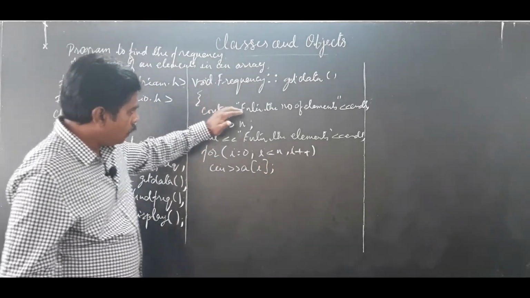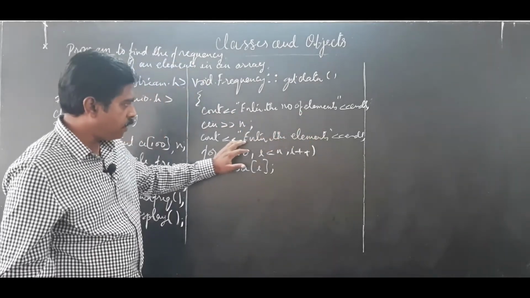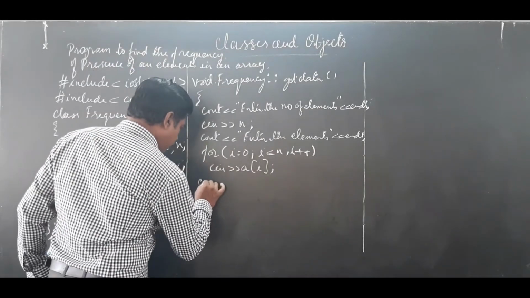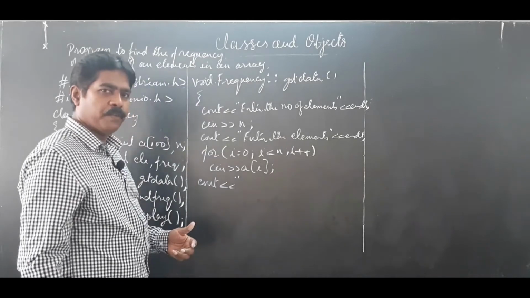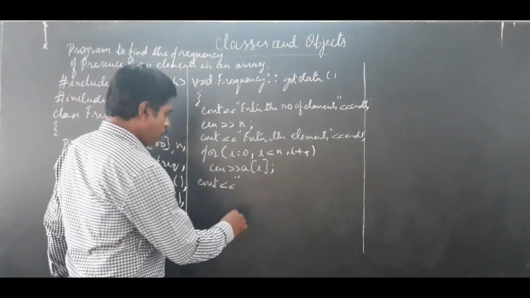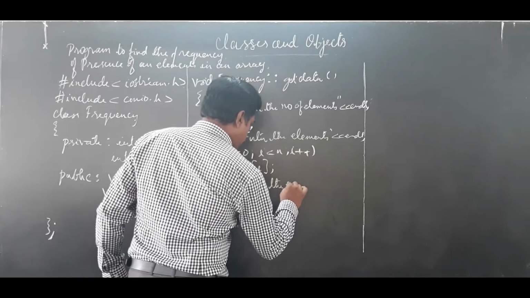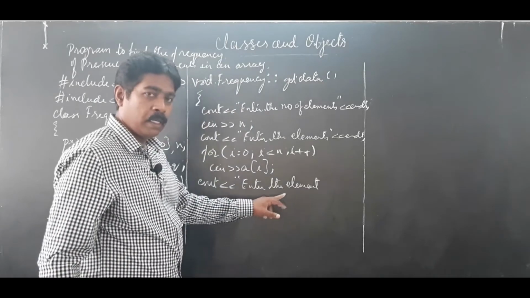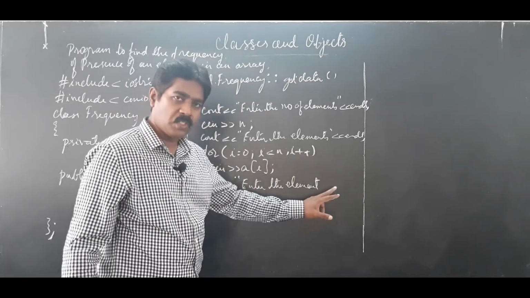That is, enter the number of elements. Then we have enter the elements we are going to consider. The third input will be the element which you want to find for its occurrence in an array. So I take as enter the element. In the previous class I had written as enter the element to search.